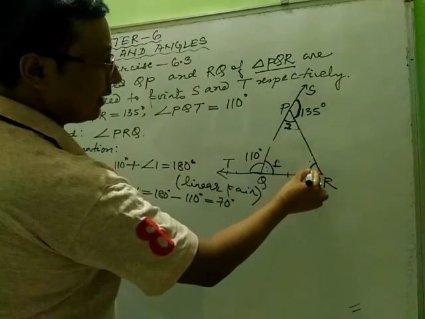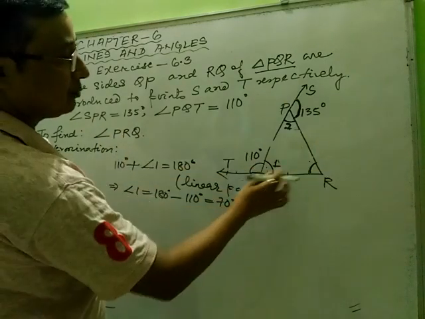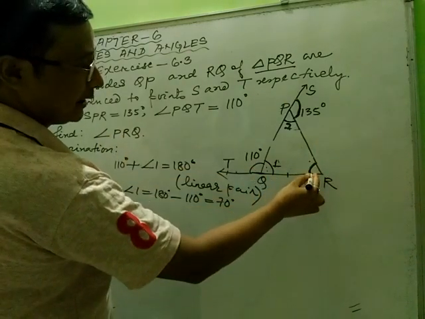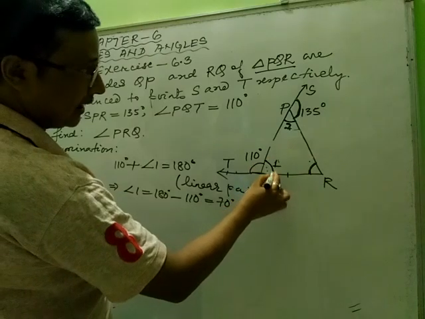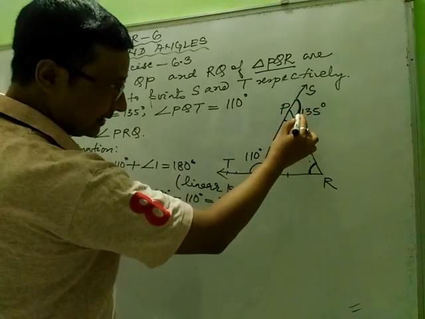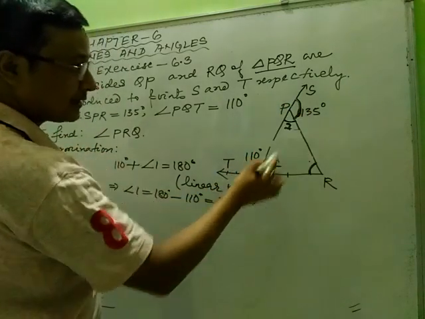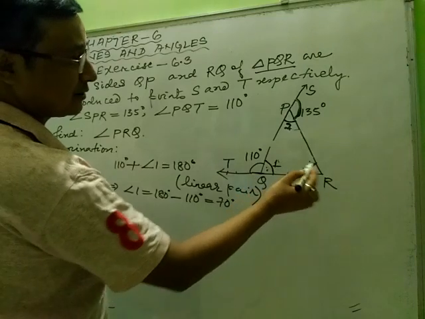Now you need angle R, that is PRQ. Now they have given this exterior angle. So this is the exterior angle, and this angle equals the sum of the two adjacent interior angles.